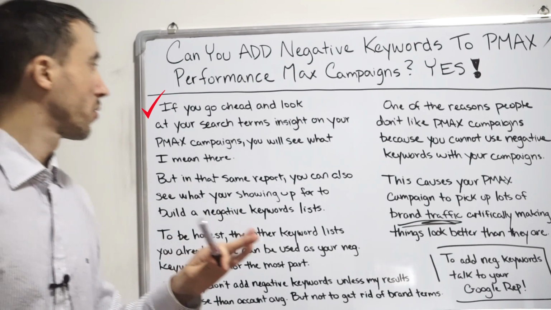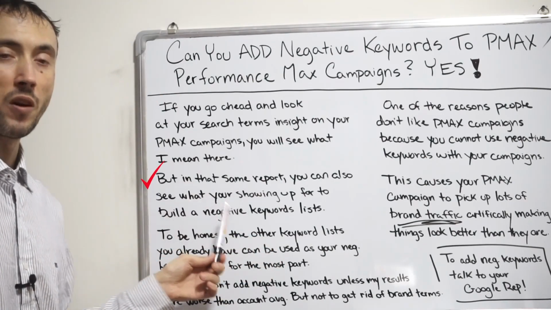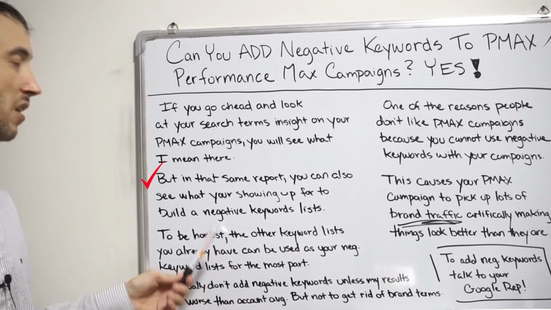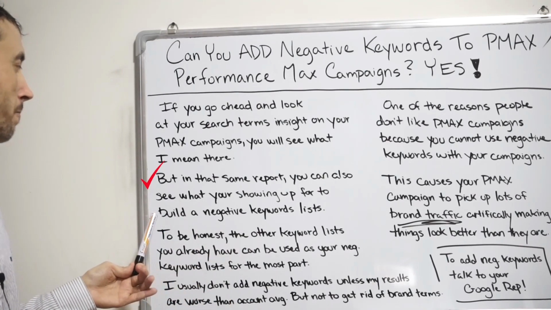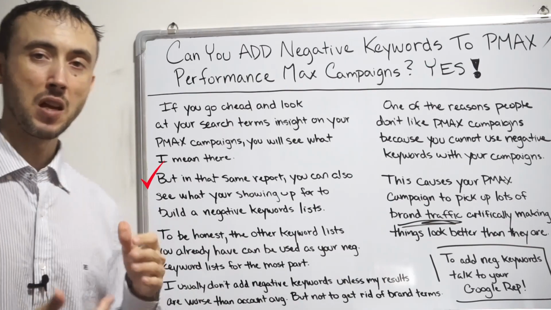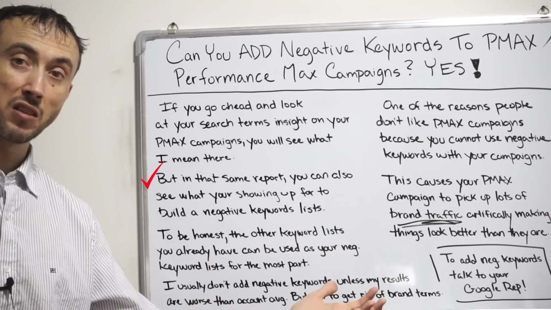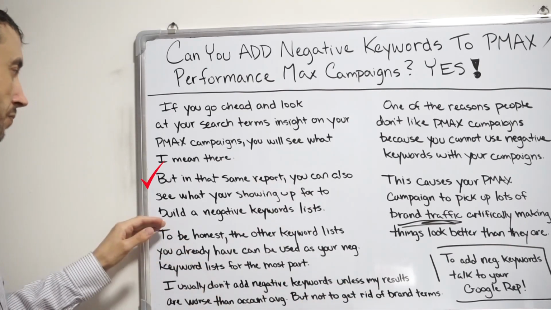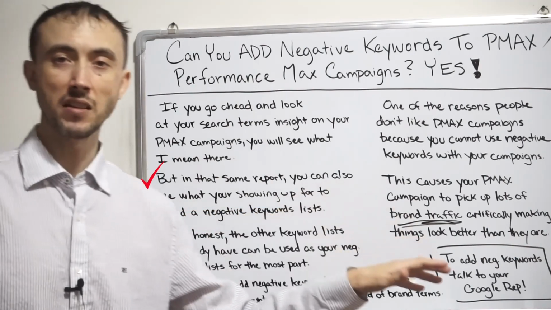But with that search terms insight report, you can obviously use that report, assuming that you want to add negative keywords to your campaign to get it to work better, on your PMAX campaign there. You can use that report that shows you what people are typing in before they click on your ads that are generating sales versus not generating sales, because it tells you in there what search terms are and aren't generating sales. You can use that to build yourself a negative keyword list for that PMAX campaign.